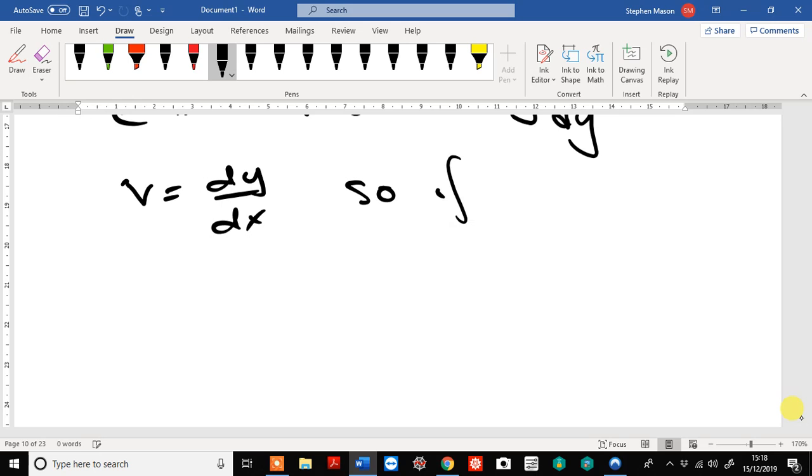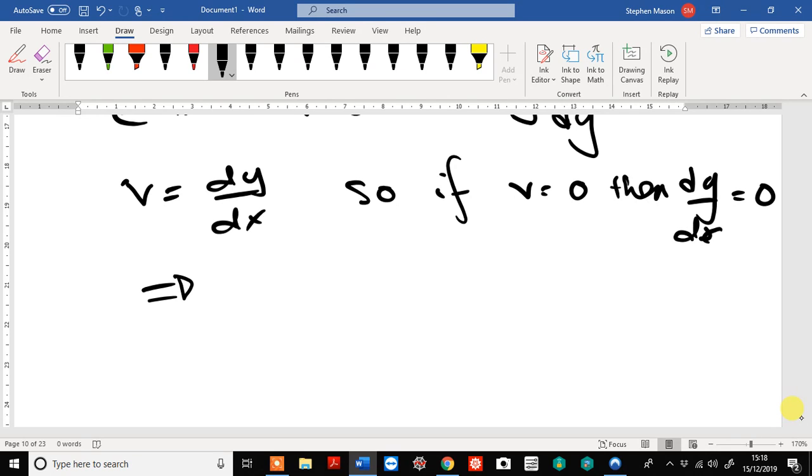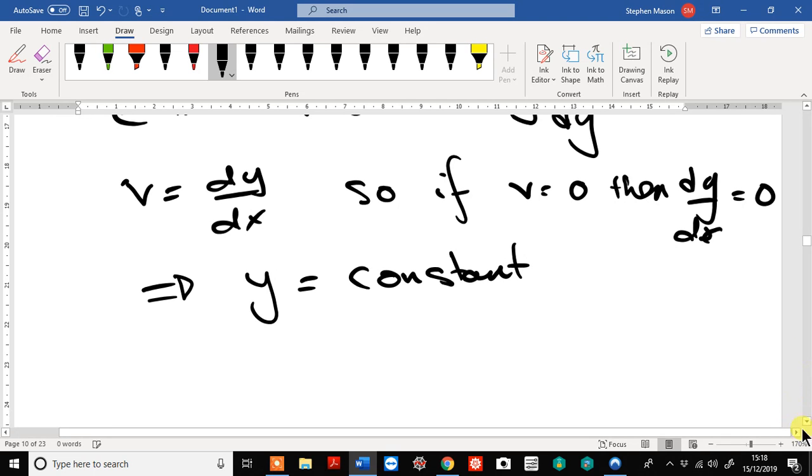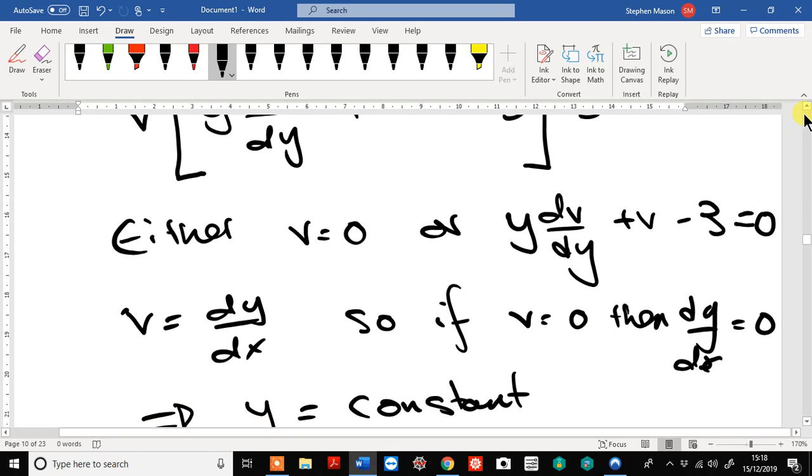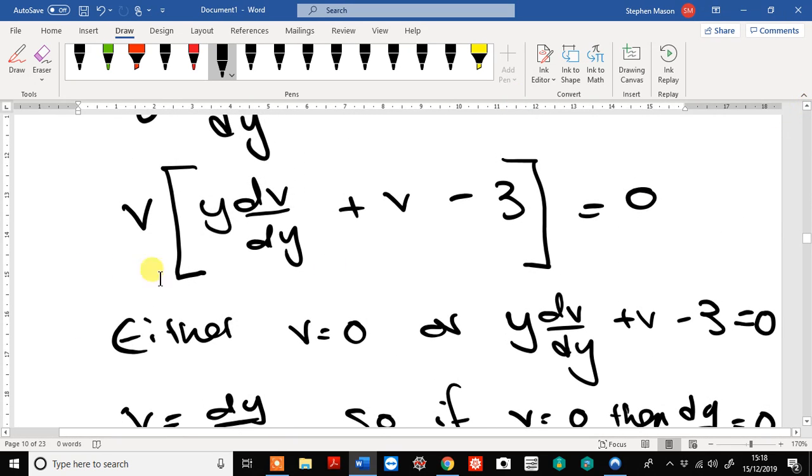So, if v equals 0, then dy by dx is equal to 0, and a very basic integral solution of that is y equals a constant. Now, when v is not equal to 0, then the bit in brackets has to be equal to 0.